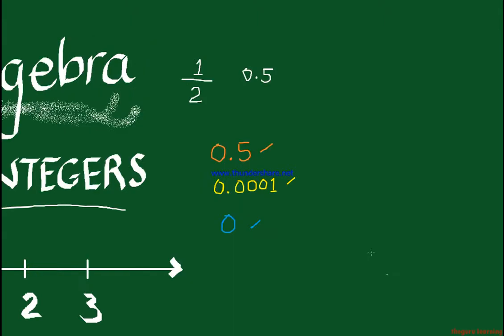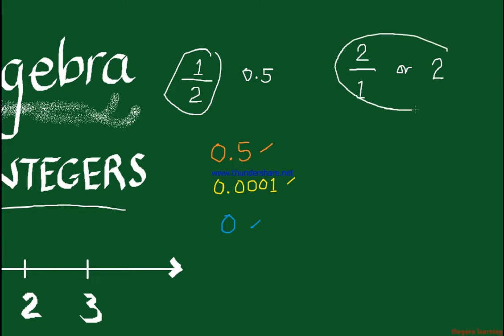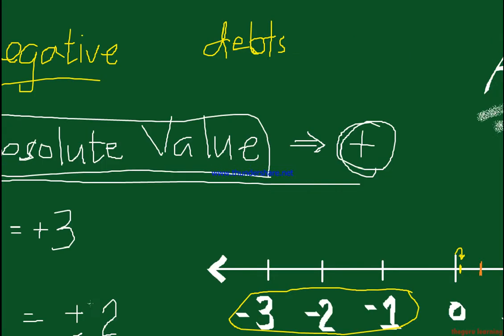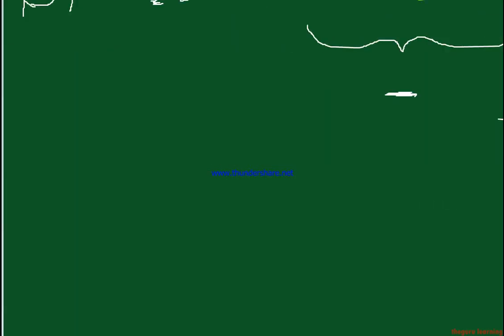Like for example, in 1/2, when we reciprocate 1/2, the denominator, which is 2, becomes the numerator, and the numerator, which is 1, becomes the denominator, or simply whole 2. So the reciprocal of 1/2 is this thing. So let's move on with the operations.